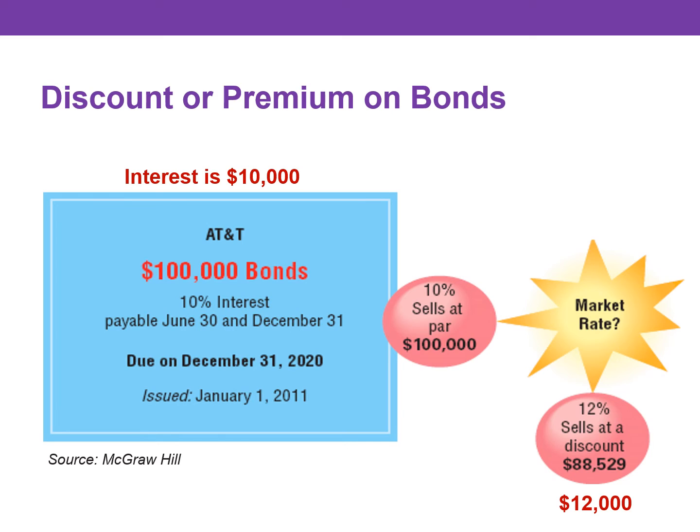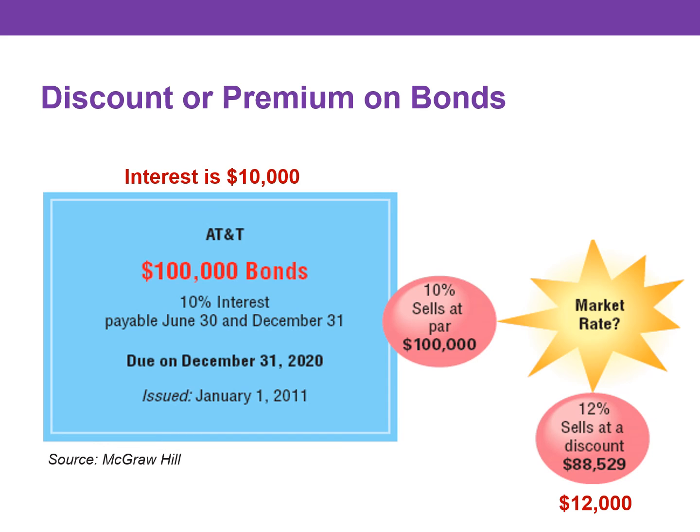As a result, the selling price, which is $88,529, will be lower than the face or par value of $100,000. The difference between these two amounts is called a discount, and in this example is $11,471.